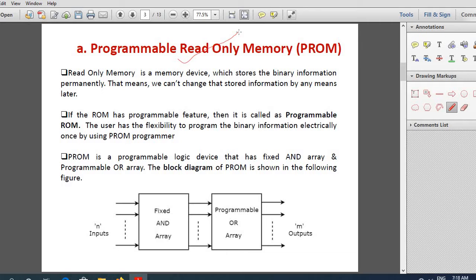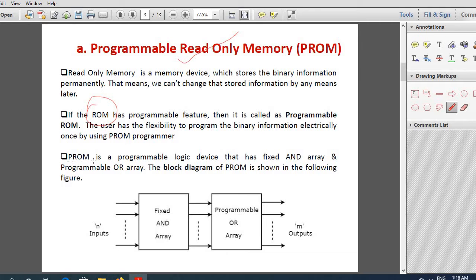ROM was later developed into different forms, and one extended version of ROM was programmable ROM. It means that the user has the flexibility to program the ROM electrically.